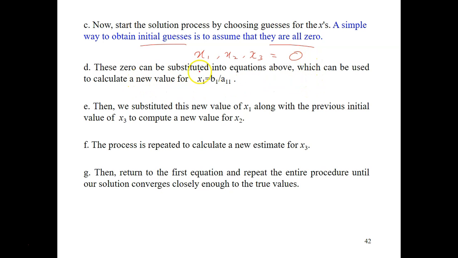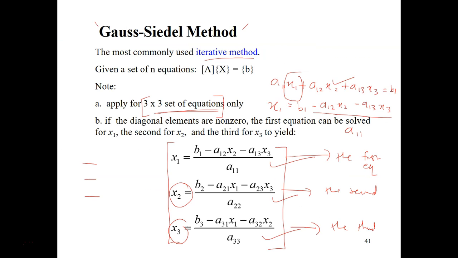So this 0 can actually be substituted into the equations above, which can be used to calculate a new value for x1. So let's say you use your first equation to calculate your x1. You just substitute x2 and x3 into this equation, so you will get your new x1. All right?